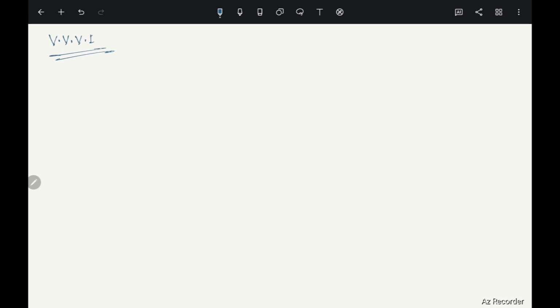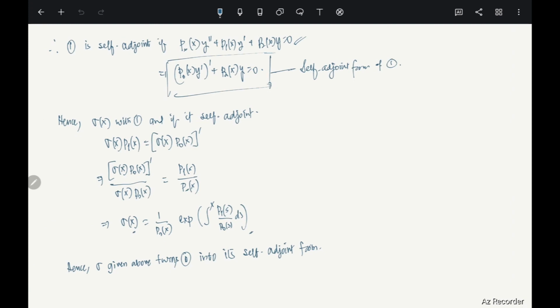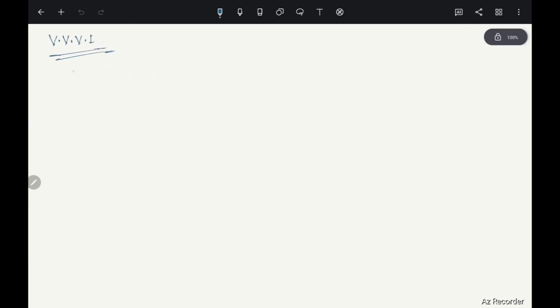So you see, sigma of x is such that it makes the equation self-adjoint, right?